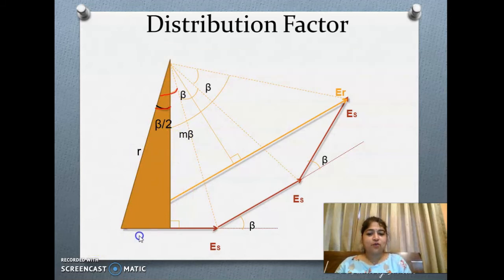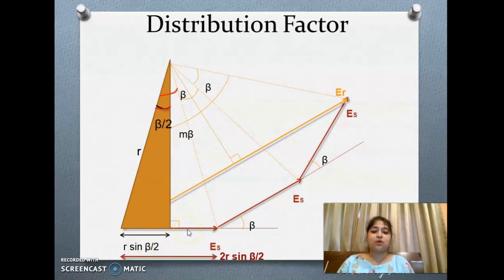Can I get the value of this portion? It is half of ES; full ES we will get from it. So in this right angle triangle, if this is beta by 2 and this is the hypotenuse R, I can say this side of the triangle is R sine beta by 2. And if this is R sine beta by 2, ES is exactly double of it, which is twice R sine beta by 2.